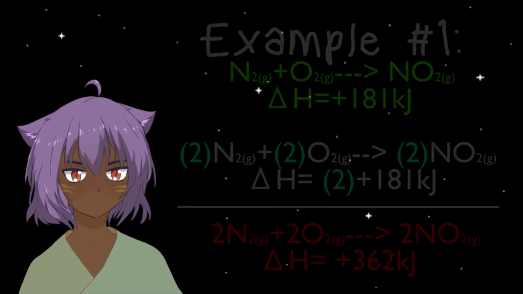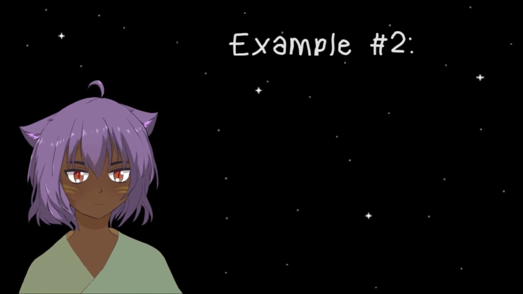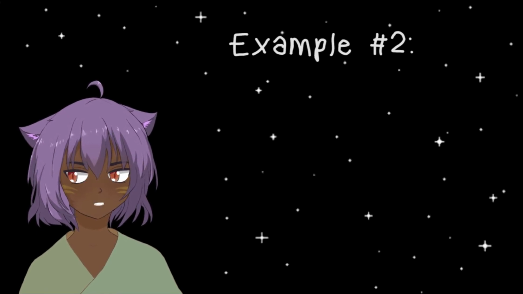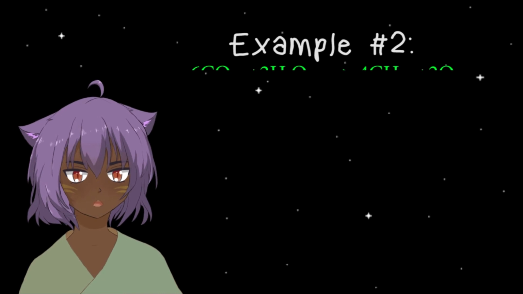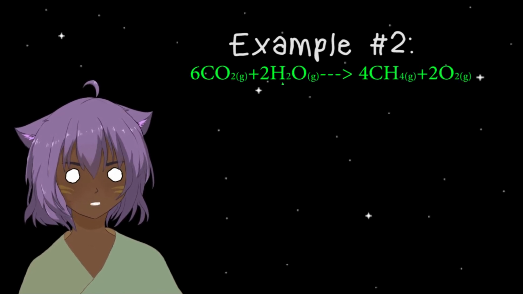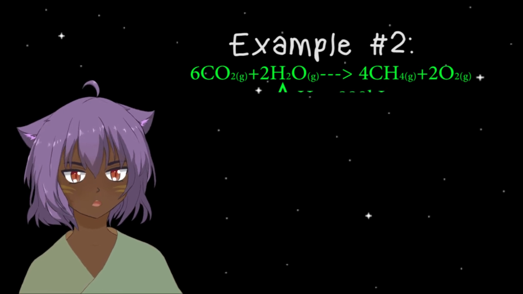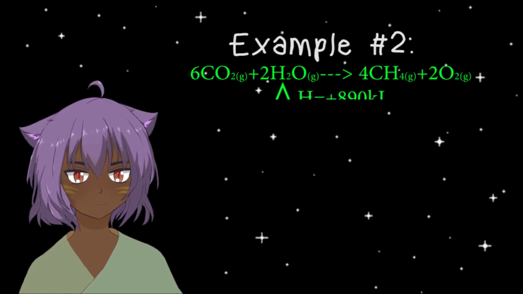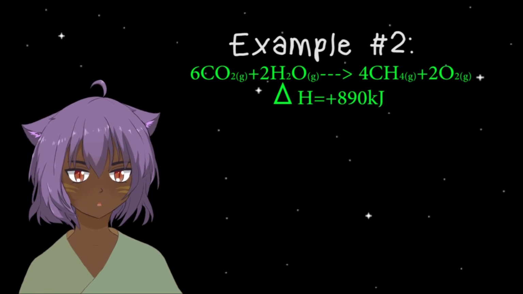362 kilojoules. The next example is 6CO2 gas plus 2H2O gas yields 4CH4 gas plus 2O2 gas with an enthalpy of positive 890 kilojoules.